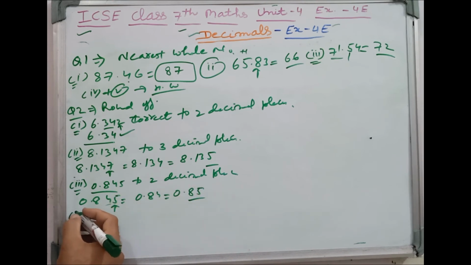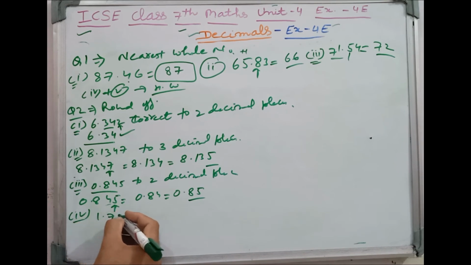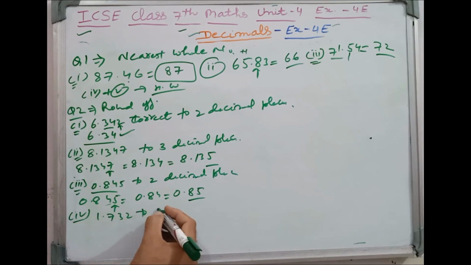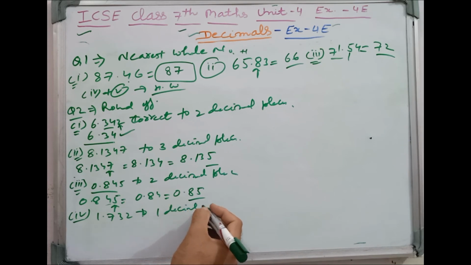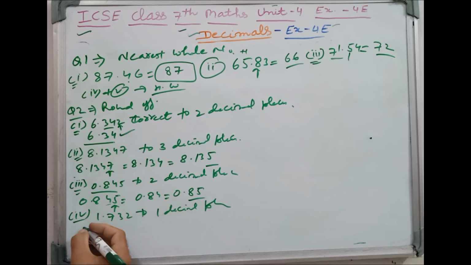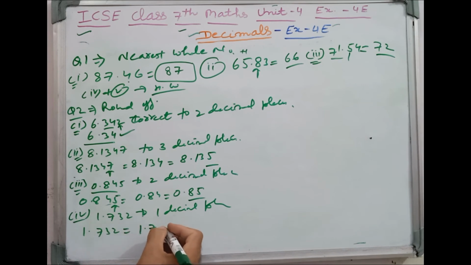Right? In the same way, part 4 is 1.732 to 1 decimal place. So 1 decimal place will be 1.7. Now see the next digit. This is less than 5, so our answer will be 1.7.